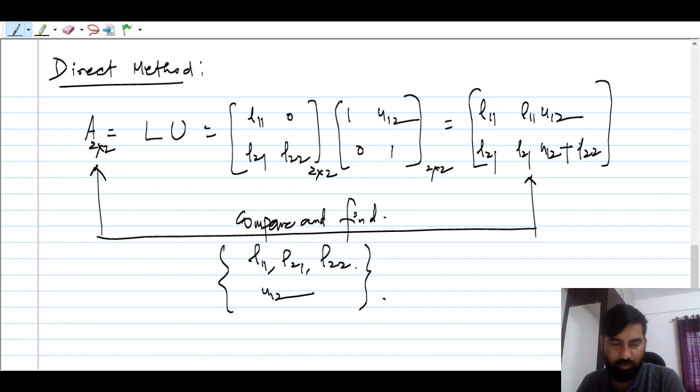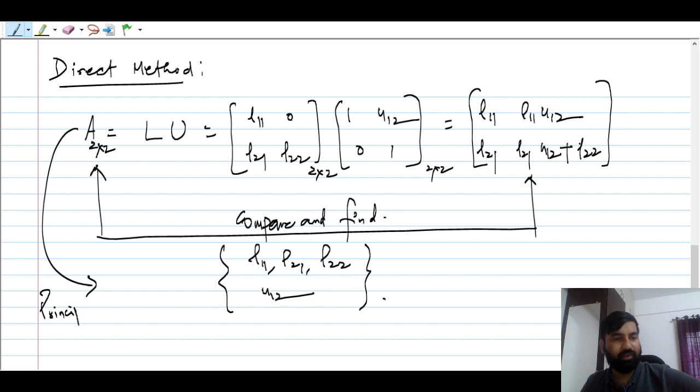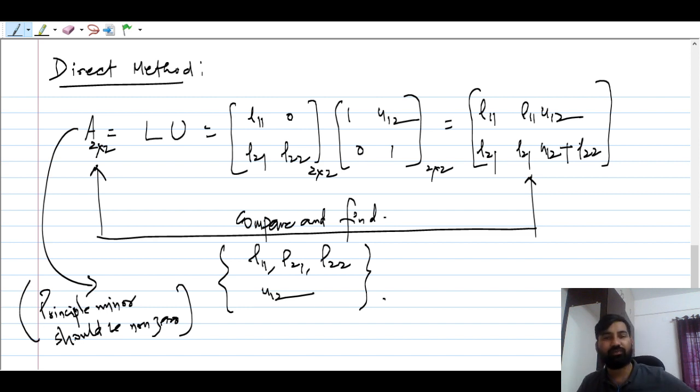I think this is clear for all, right? But you must always make sure that the principal minors are non-zero. You have to always make sure that the principal minors are not zero. Principal minor means you take a11 and find the corresponding minors.